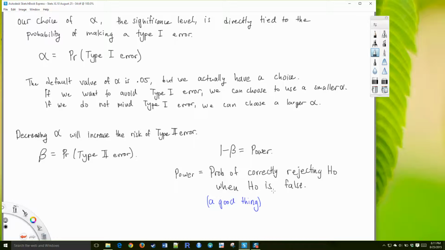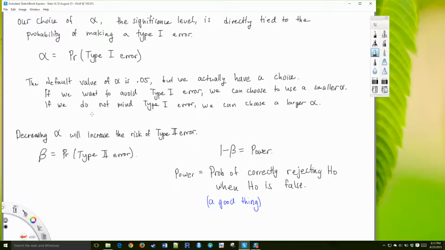So again, inherently, type 1 error and type 2 error are kind of linked together, because type 1 error means we've rejected incorrectly, and type 2 error means we didn't reject incorrectly. So if we choose to reject more often, then we won't be not rejecting as often.